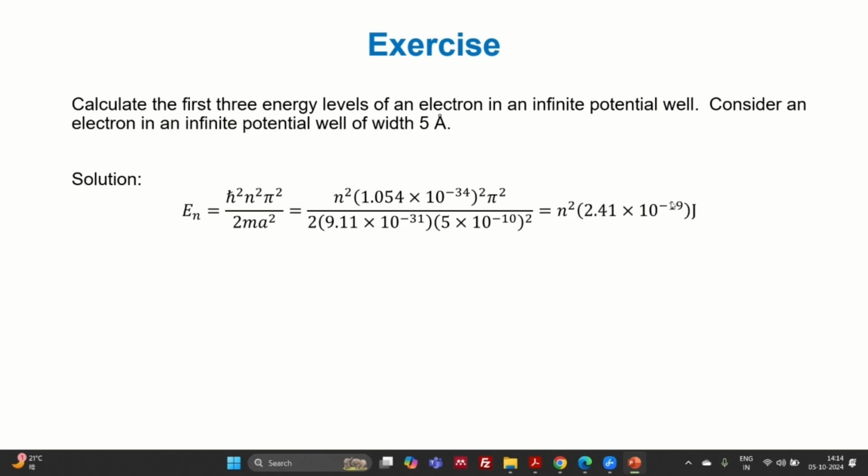So what we do is convert this into electron volts. How do you convert an energy into electron volts? You divide it by e, the charge on the electron.